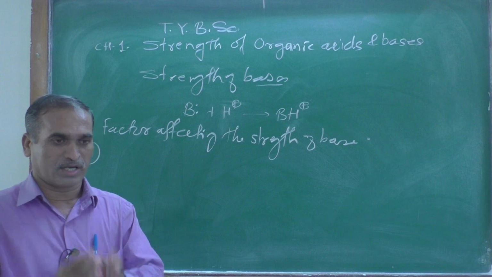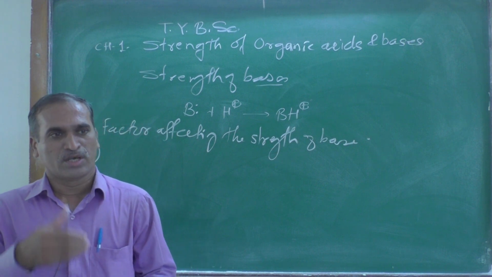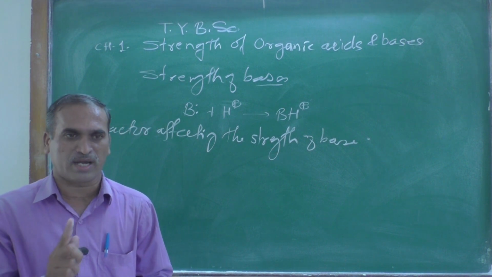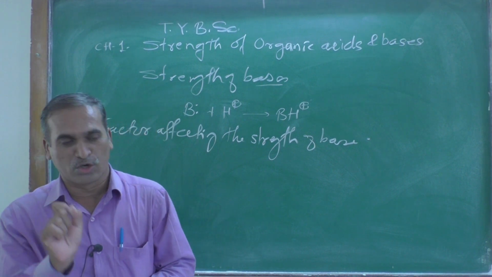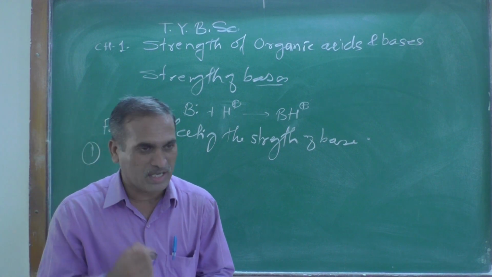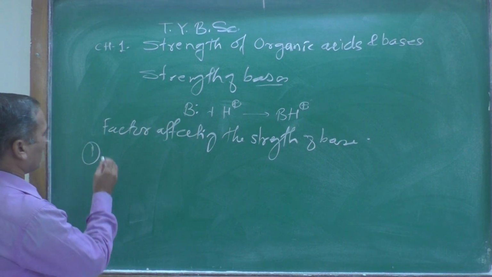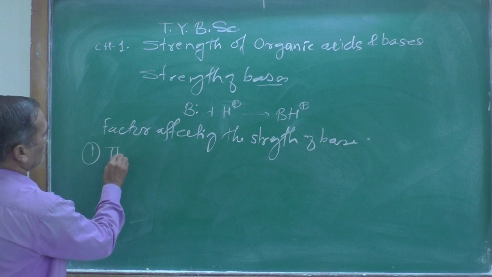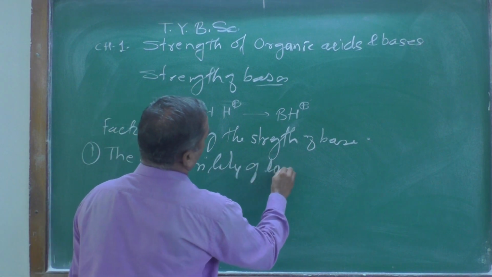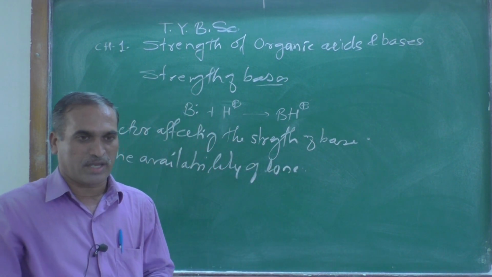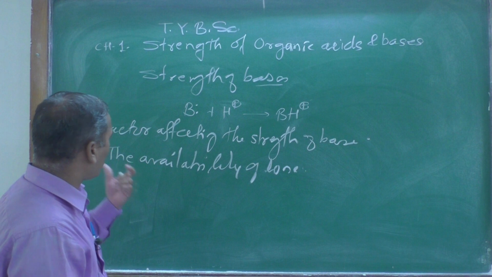Generally in organic chemistry, organic compounds containing a nitrogen atom are basic in nature, because the nitrogen atom has a lone pair which can be donated very easily, and therefore it acts as a base. So the first factor, the availability of the lone pair of electrons, affects the strength of bases.